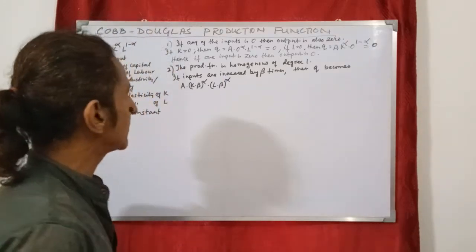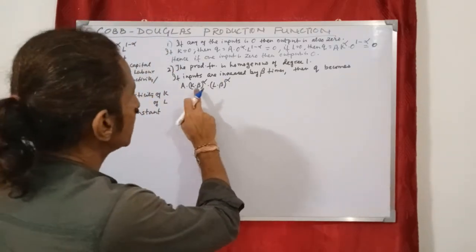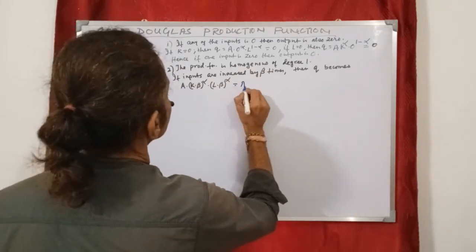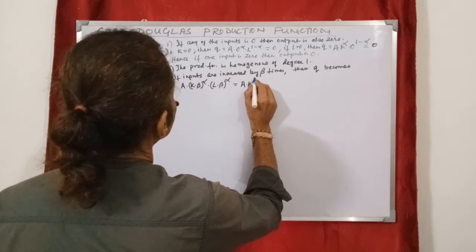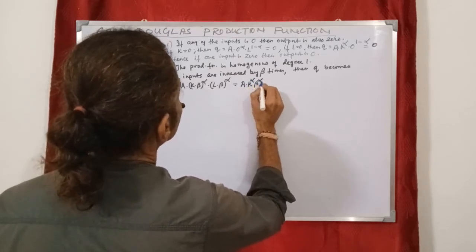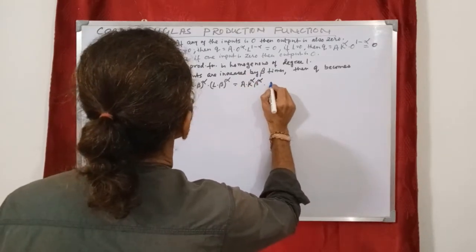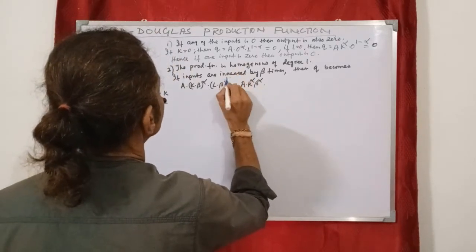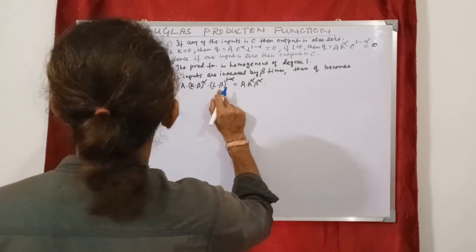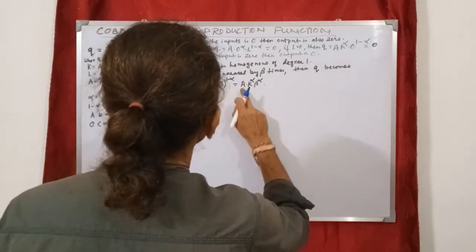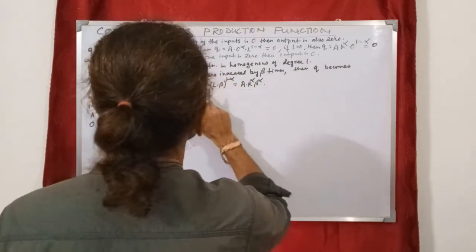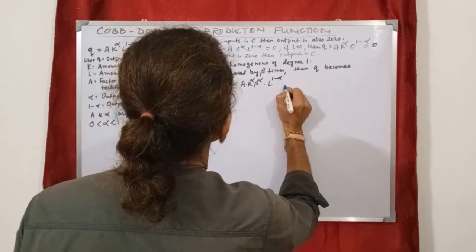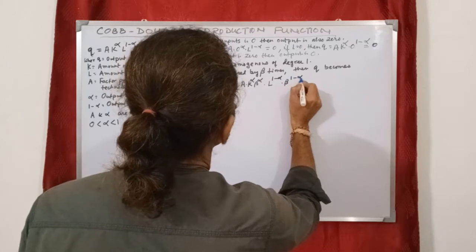We have simply multiplied capital and labor by beta. So this is equal to A K to the power alpha, beta to the power alpha, into L to the power 1 minus alpha, beta to the power 1 minus alpha.